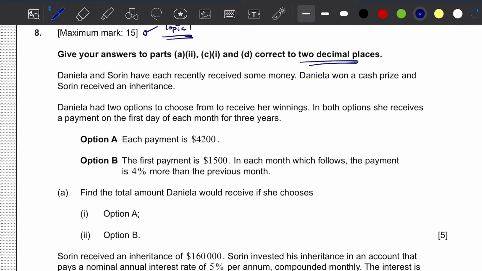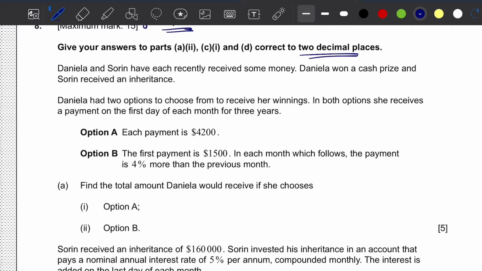Okay, so here we have Daniela and Soren, who have each recently received some money. Daniela won a cash prize and Soren received an inheritance. Daniela had 2 options to choose from to receive her winnings. In both options, she receives a payment on the first day of each month for 3 years. So n is 3.